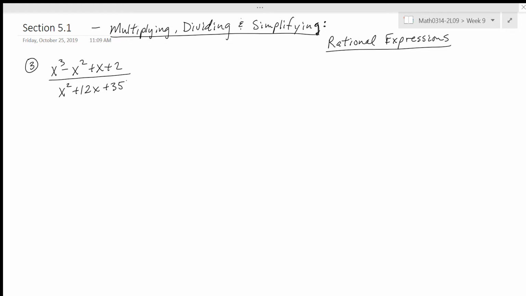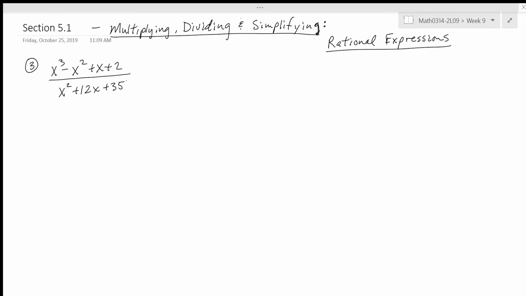Now, in a sense, what they're asking me is, are there any values of x that are not allowed to be plugged in here? That would mean the denominator ends up 0. Right. That's what needs to be in your head when you're thinking about this: I've got a fraction, and we know that the denominator cannot be 0.